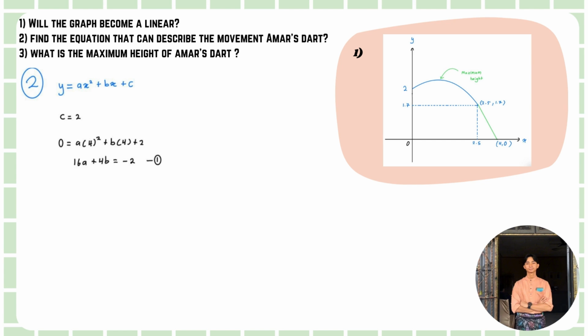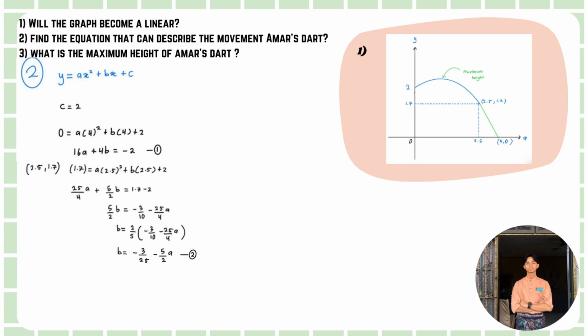And then we substitute the coordinate into the quadratic to get the first equation, which is 16a plus 4b equals -2. And then we substitute one more coordinate, which is (2.5, 1.7), to get the second equation, which is b equals -3 over 25 minus 5 over 2a.